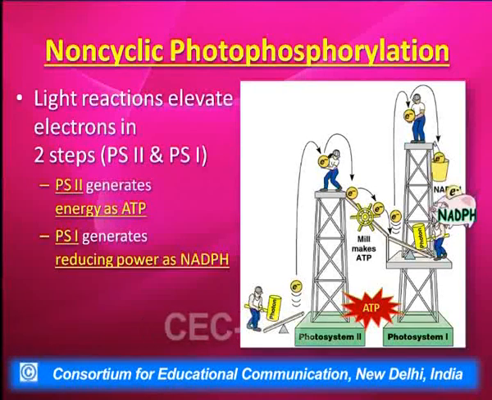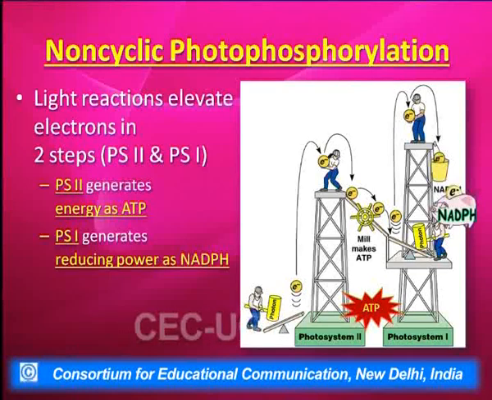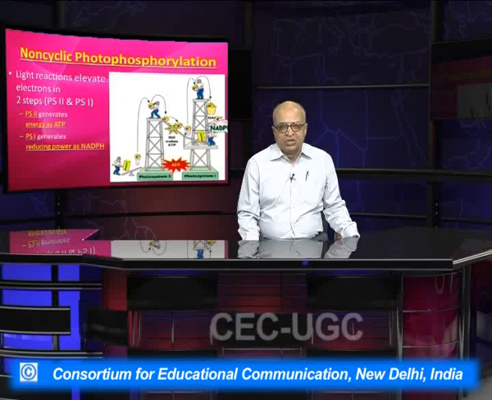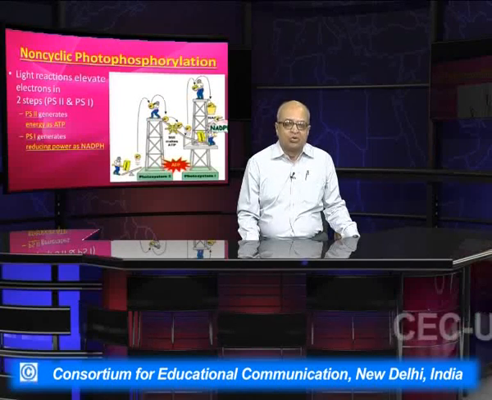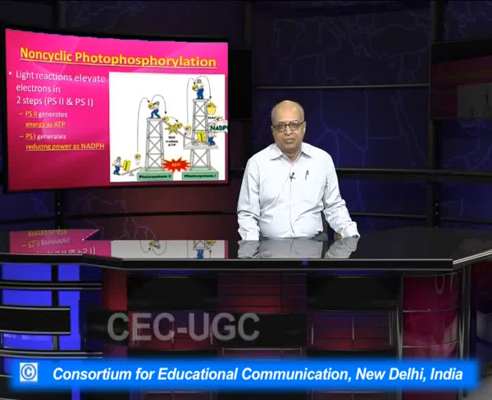If we were to graphically depict the non-cyclic photophosphorylation, the electron which comes goes and ultimately gets consumed by NADP to give rise to NADPH. So, the two forces running here are at PS2, which is again through the photons, and the other one at PS1. That means both of them are running together, PS1 as well as PS2, and this would result in the formation of the complete set of assimilatory power which is required.